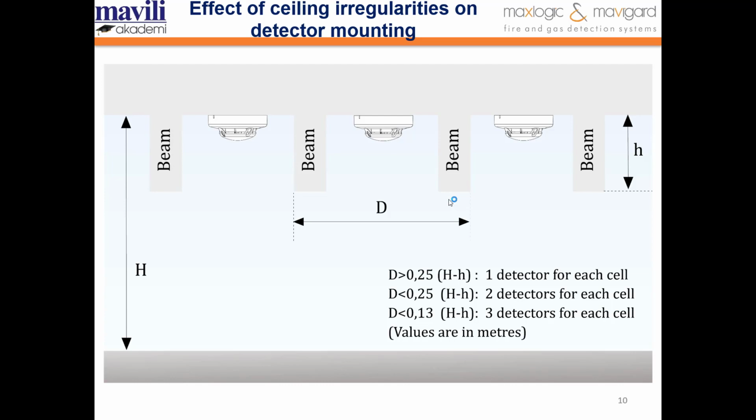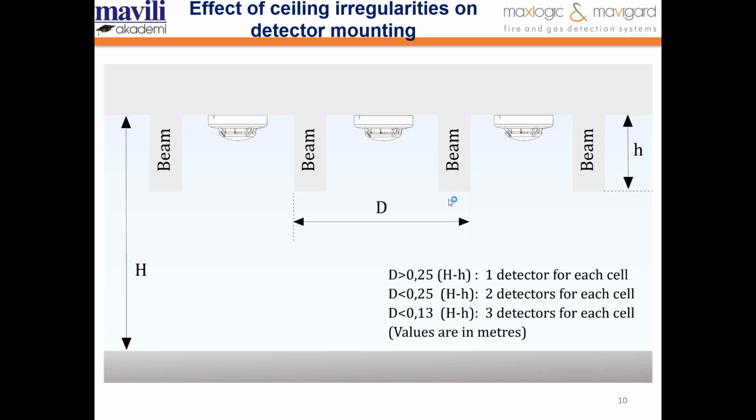For ceiling irregularities, any ceiling irregularity, such as joists, with a depth of more than 10% of ceiling height should be considered a wall and the following conditions will apply. If the distance between the irregularities is bigger than 1.25 meters, we should put a detector in each cell.